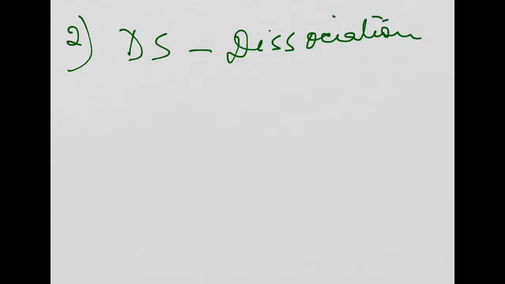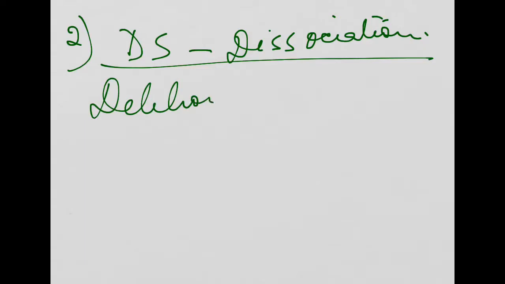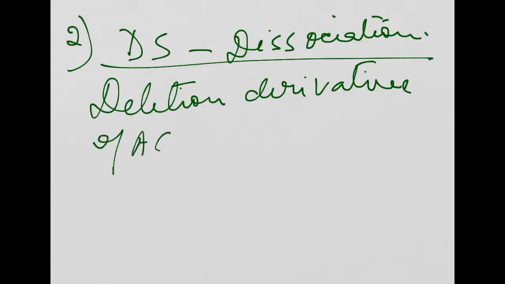The second class includes the DS or dissociation class. They are deletion derivatives of AC elements. Deletion derivative means they are derived from AC elements which have lost the function of the transposase gene.